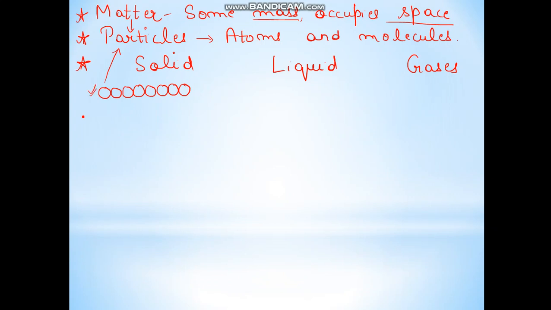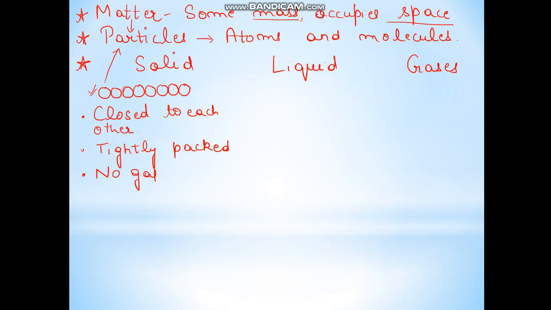Since the steel spoon is a solid, the particles are arranged very close to each other, or tightly packed. Since they are tightly packed, there is no gap or space between them. There is no interparticle space between them.